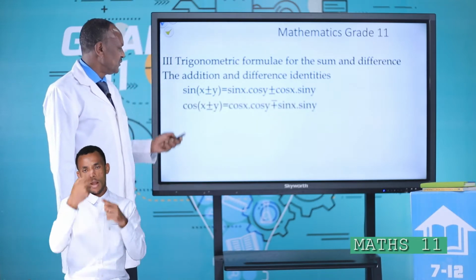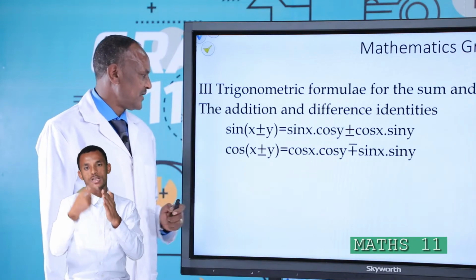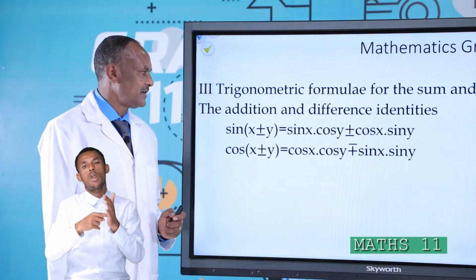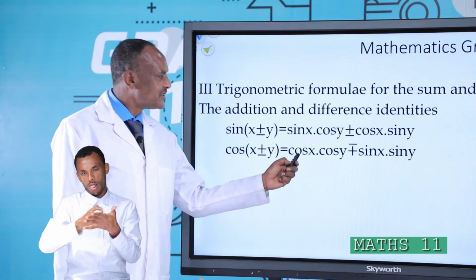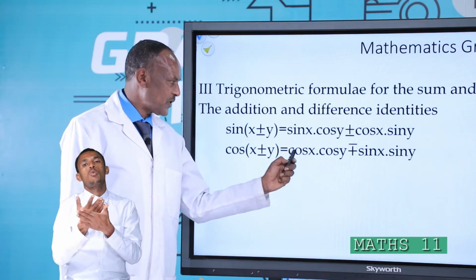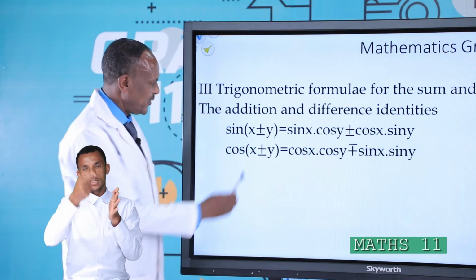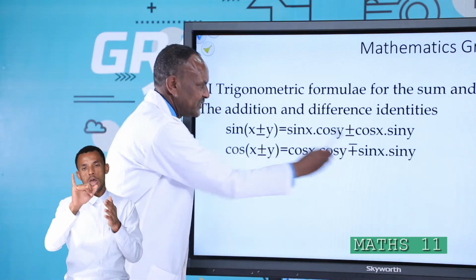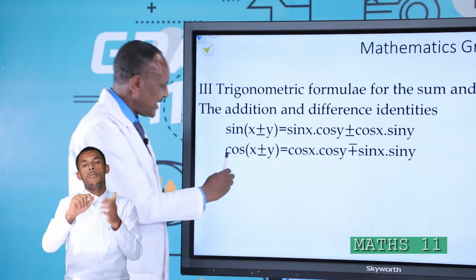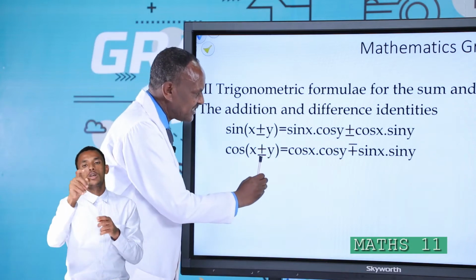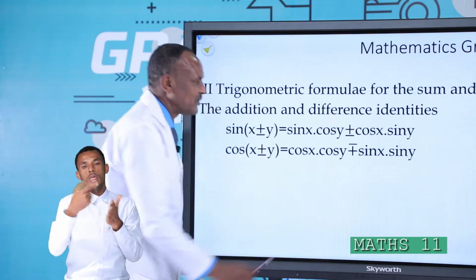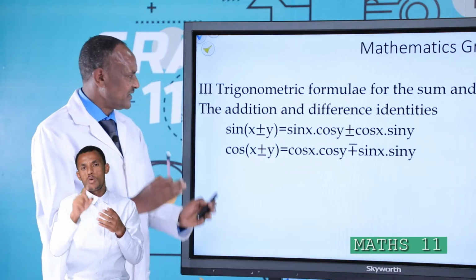When you are coming to cosine of the sum or cosine of the difference, cosine of x plus y is the difference between the products, cos x cos y minus sine x sine y. When the operation is plus, it changes to minus. When it is cosine of the difference, minus, here it is the sum of the two products. So you have to see the difference.